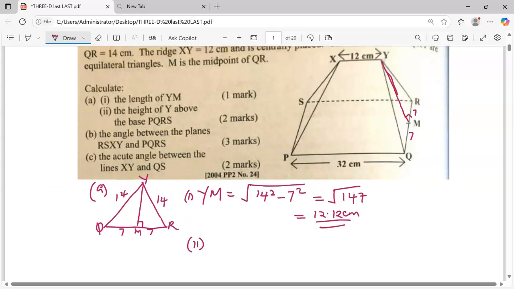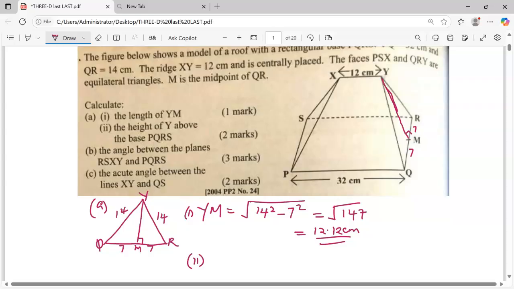Once we have done that, we now go to Roman 2 of part A. We need the height of Y above the base. In this case, we can have the center of this base, that is PQRS. We connect the center of PS to QR, that is at point M. We can still bring down X to meet this point.